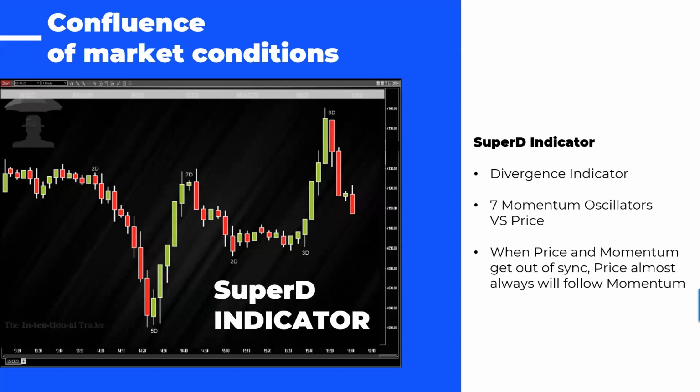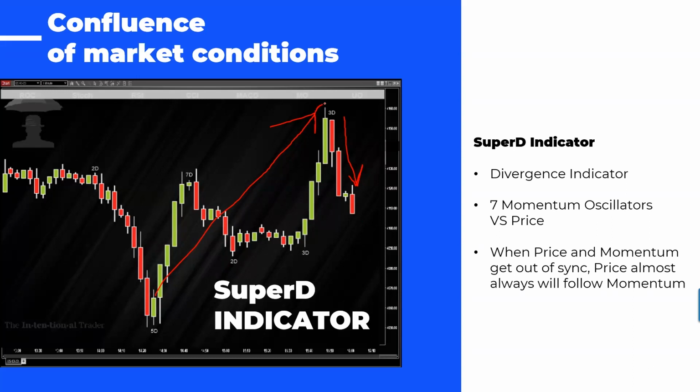For those of you that don't know divergence, that's when price is moving up and momentum. So in this particular example here, you see price moving this way, right? But momentum has changed directions. Momentum has already changed directions.